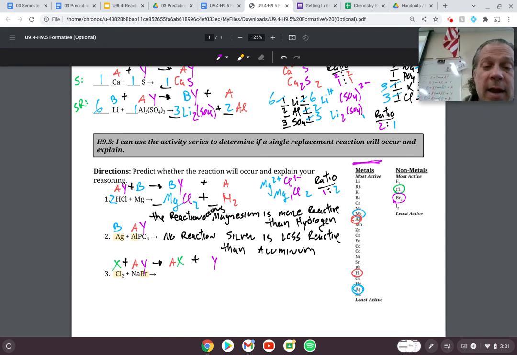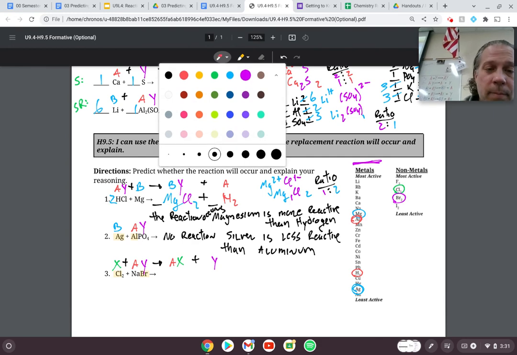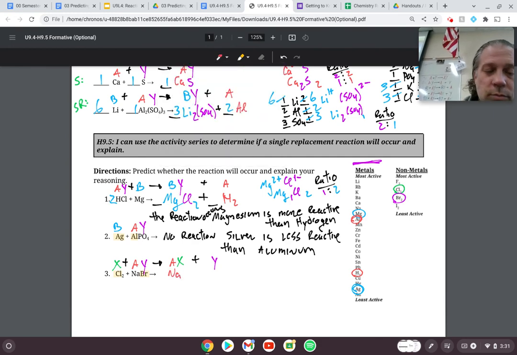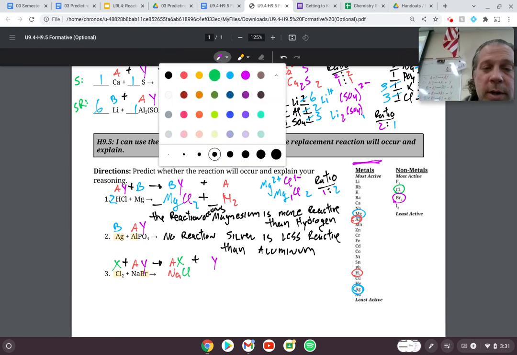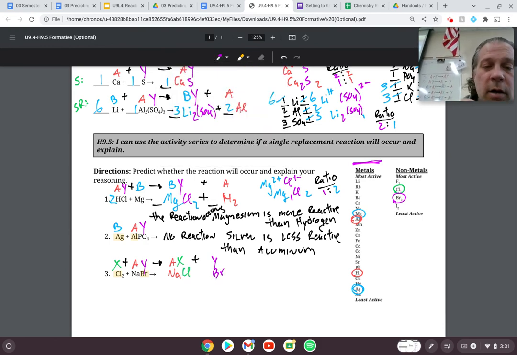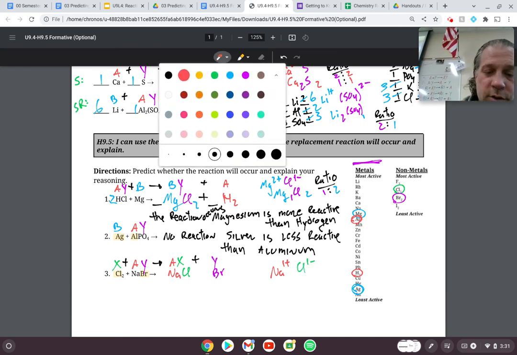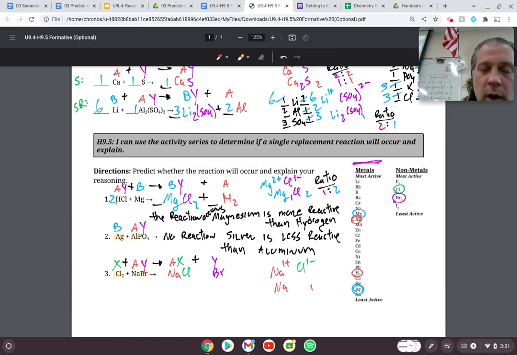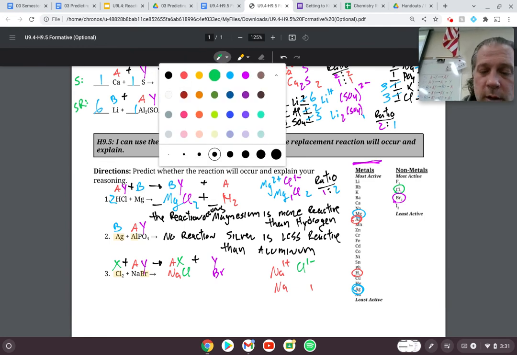So on this side, I would have Na and Cl, and I would have bromine by itself. I'm going to check my charges. Na is a +1, Cl is a -1. Crisscross the charges down. I get Na1Cl1.